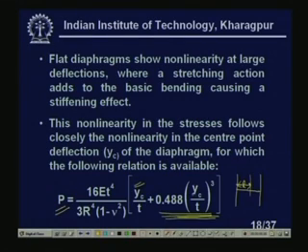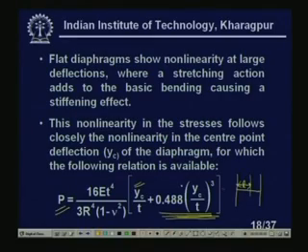Whereas if this term is much less than this term, we can easily neglect that part. We will solve some problems on how much nonlinearity will be introduced by this. But always, the deflection of the central point of the diaphragm should be much less compared to the thickness of the diaphragm. So, YC and T are quite related, to eliminate the nonlinearity in the system.